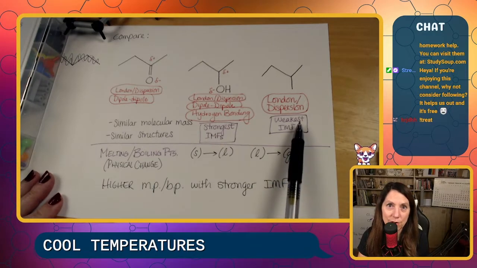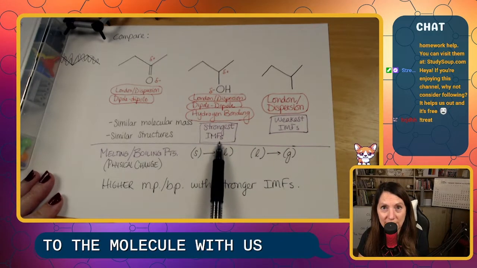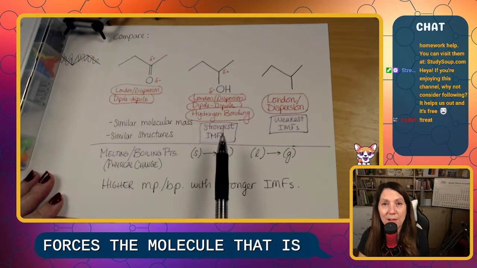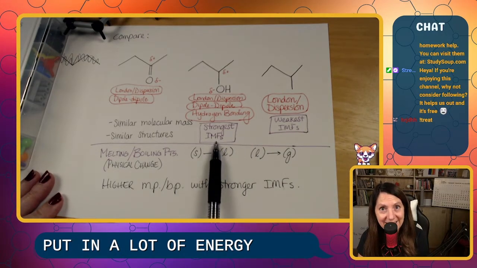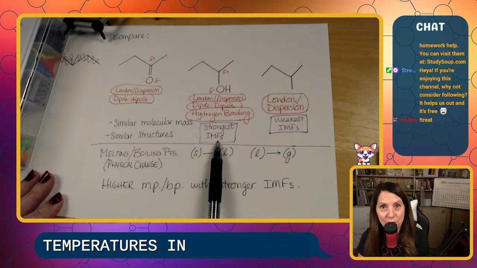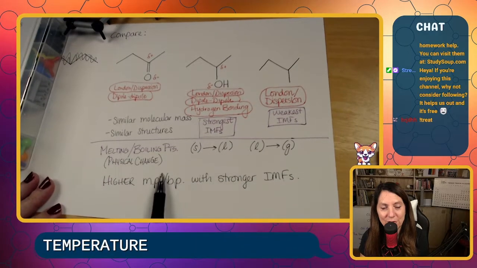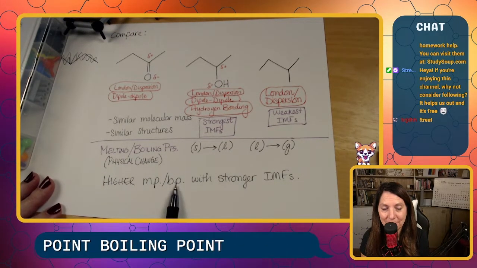And we can put them in order all the way up to the molecule with the strongest intermolecular forces, the molecule that is tightly held together, where we have to put in a lot of energy, high temperatures, in order to break those molecules apart. We need to increase the temperature, which means we are increasing the melting point, boiling point.